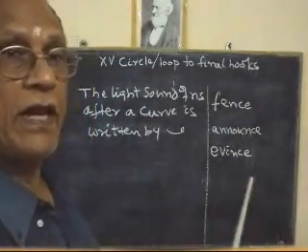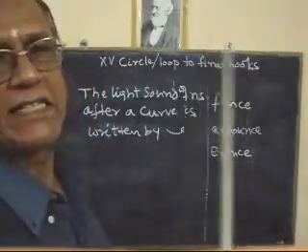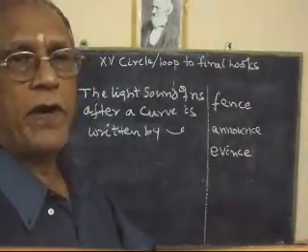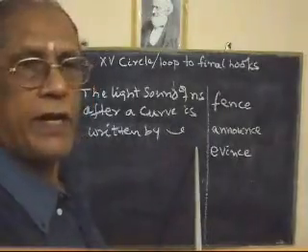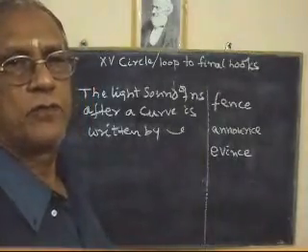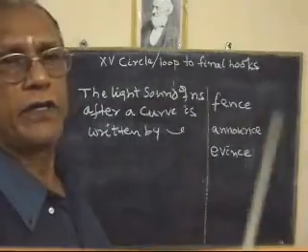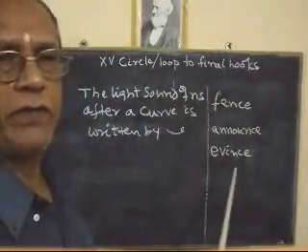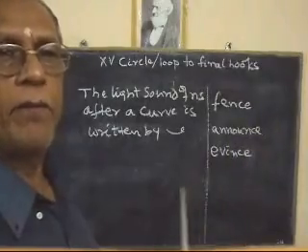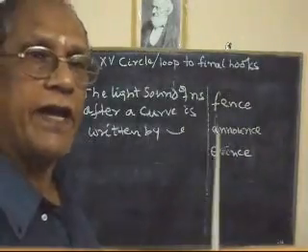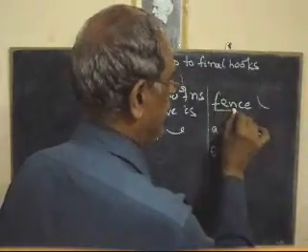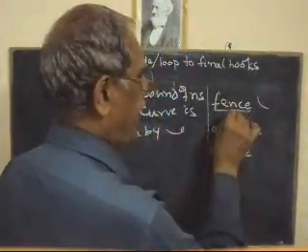Now, the light sound of NS after a curve is represented by the stroke N and circle. We will have to write the stroke N, not the hook. The light sound of NS after a curve is written by writing the stroke N and circle. Fen, NS.